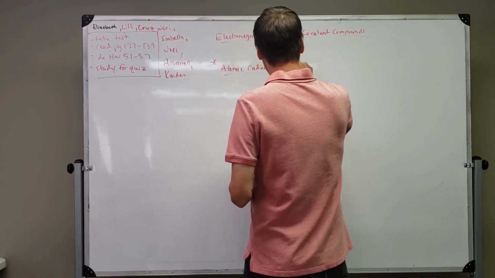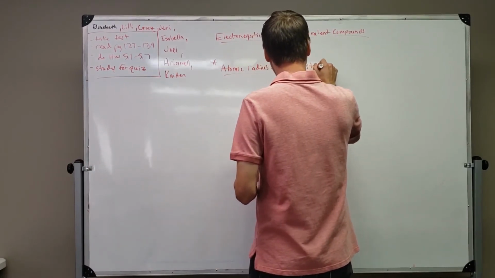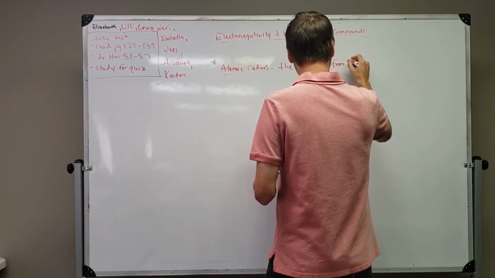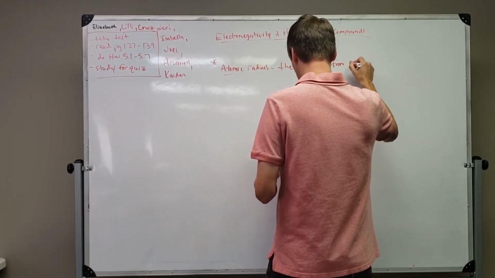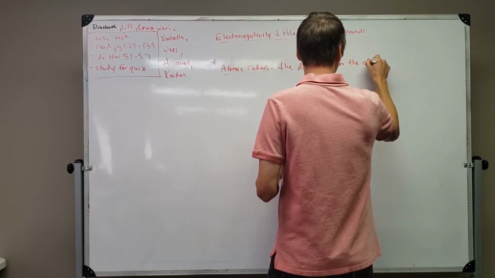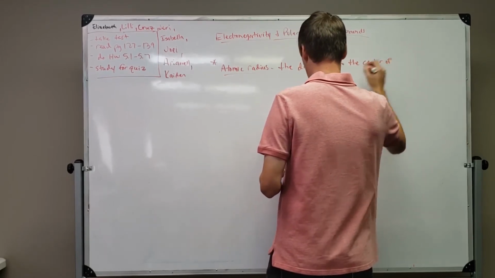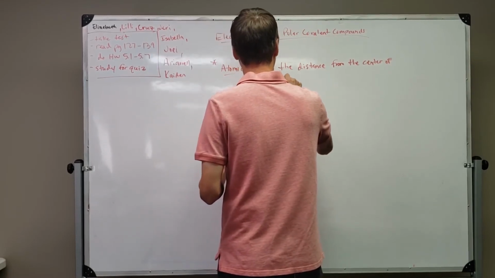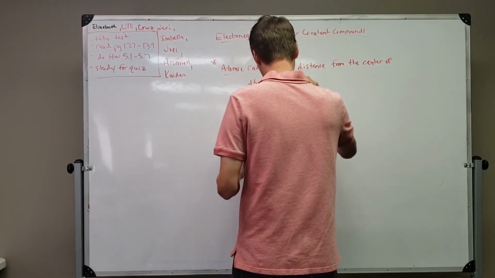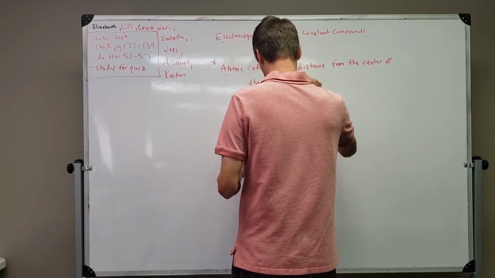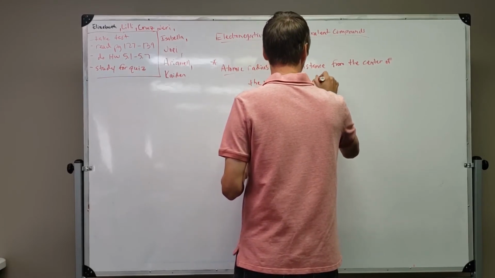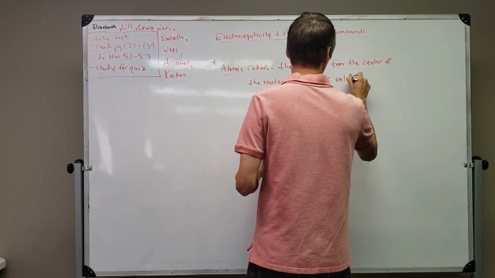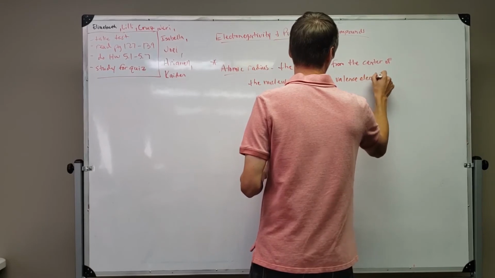But let's talk about atomic radius because that has some bearing on the way these electrons are shared. The atomic radius is the distance from the center of the nucleus to an atom's valence electrons.